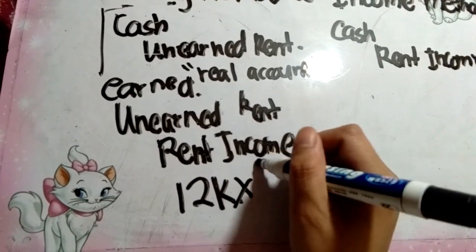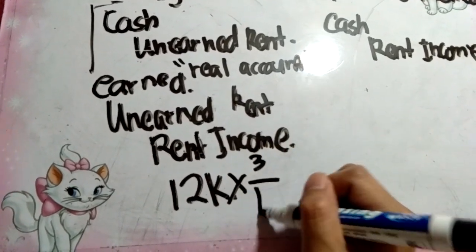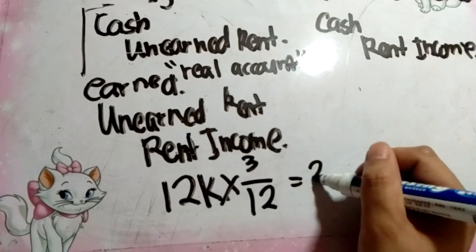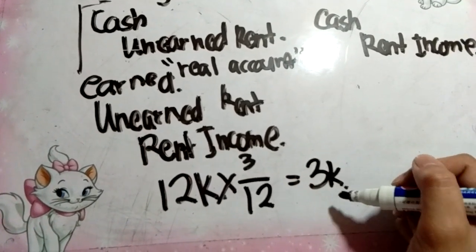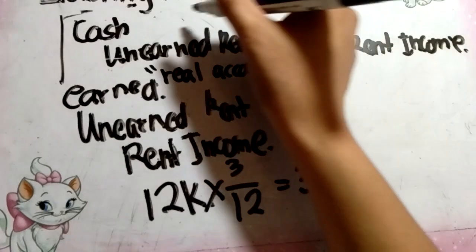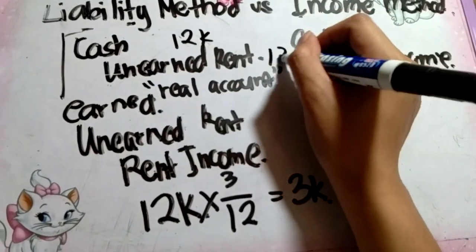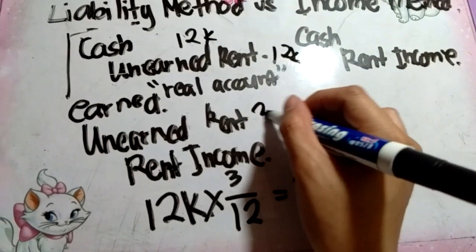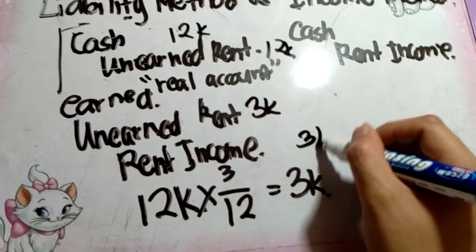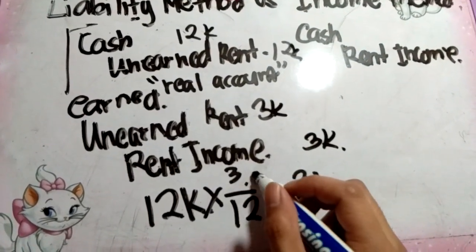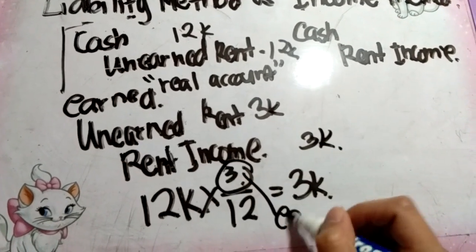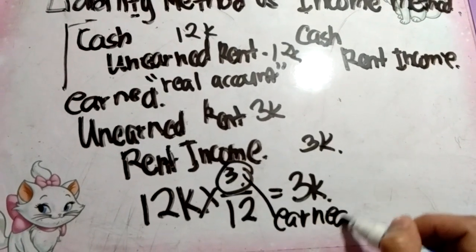So you're going to multiply it by 3 over 12. So that would be 3. Okay, I'm just going to put down the amounts. 12K, 12K, 3K, 3K. If you're going to see, we really focused on the earned months.